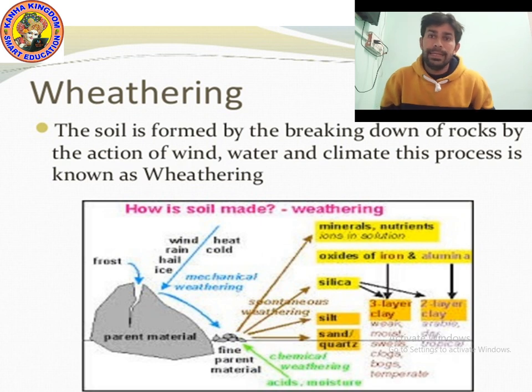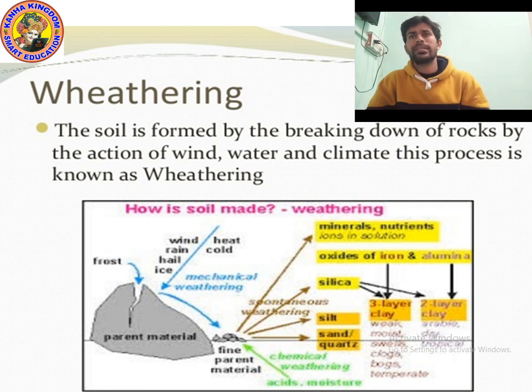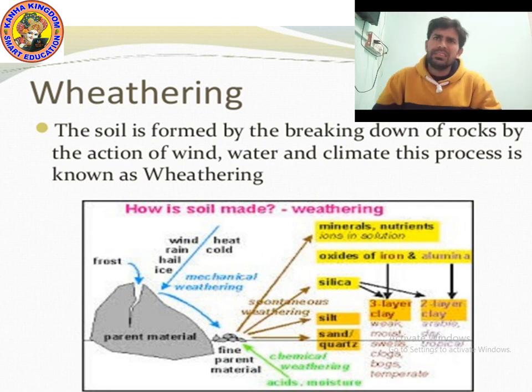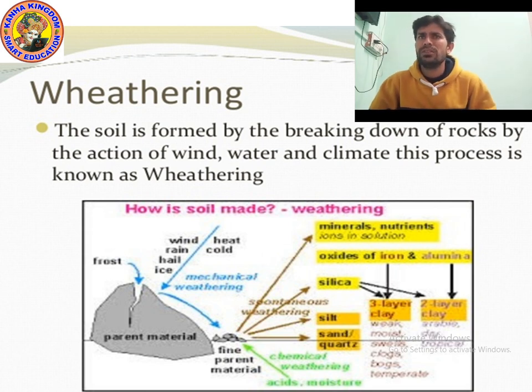Please check out the spelling: W-E-A-T-H-E-R-I-N-G. So, what is weathering? Weathering is a process by which rocks break into small particles and soil is formed.